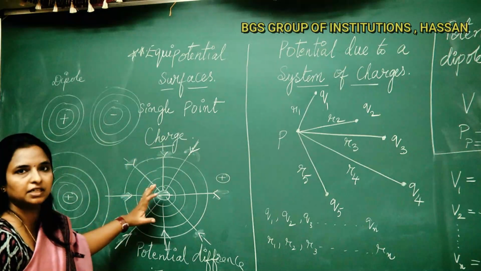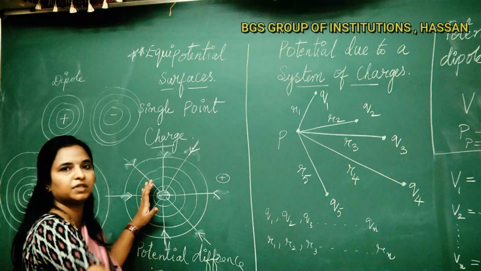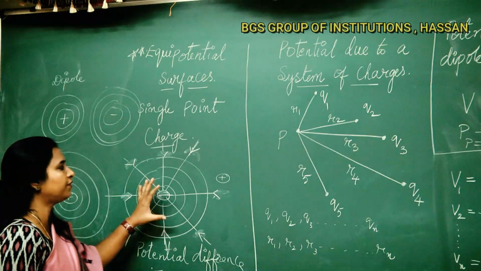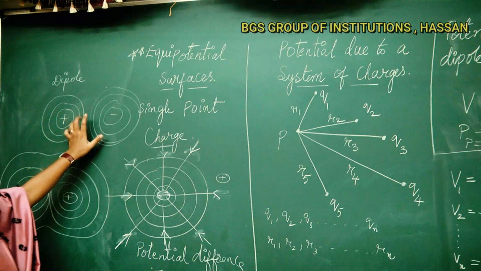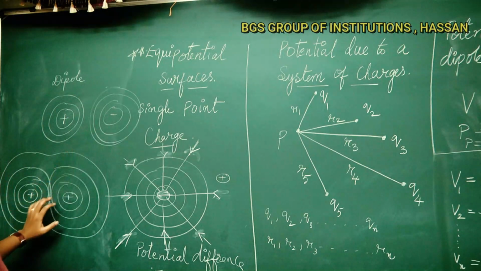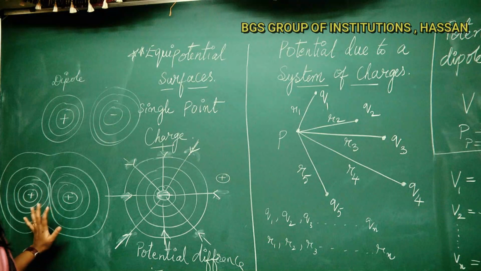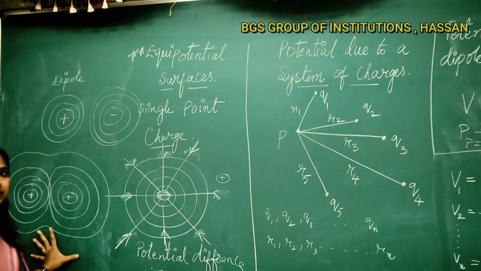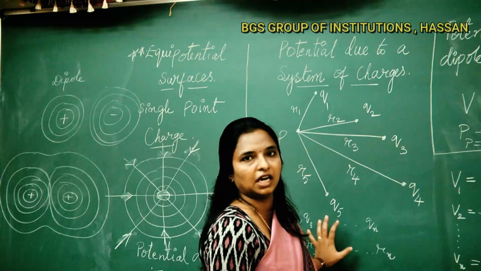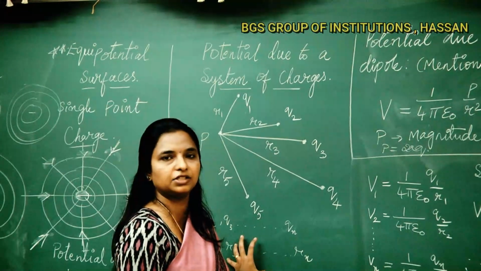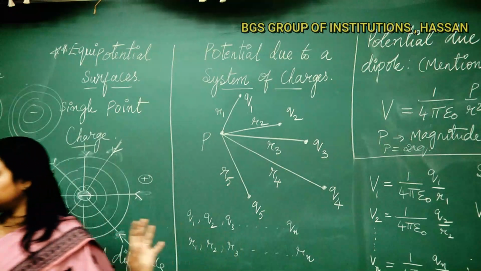If it is positive, field lines will be away from the center. If it is a negative charge, field lines will be towards the charge or center. If it is a dipole, you have to draw like this, and if it is like charges, you have to show like this. Next, we will study the system of charges, potential energy for a system of charges.